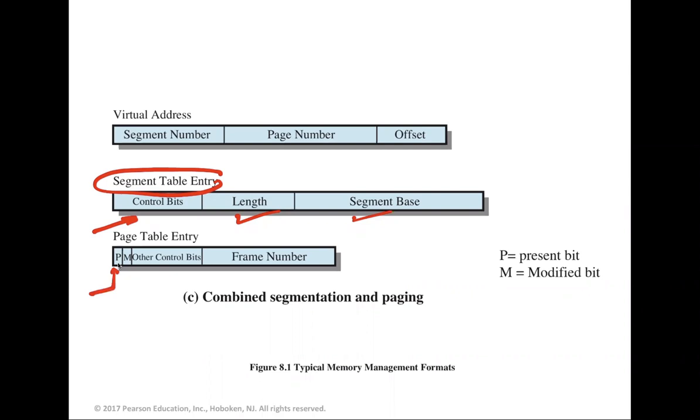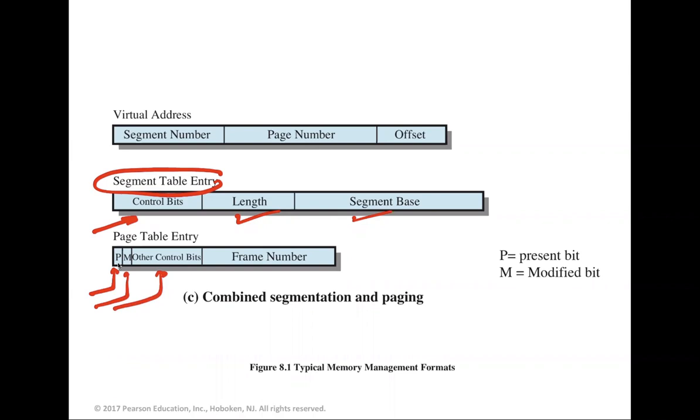The modified bit is still used to indicate whether this page needs to be written back out when the frame is allocated to another page. There may be other control bits in the page table entry that deal with protection or other aspects of memory management.